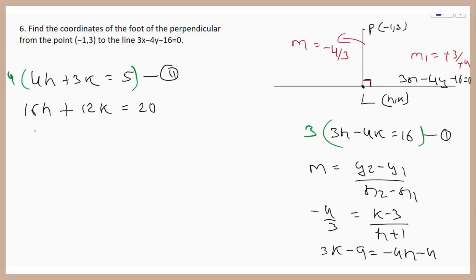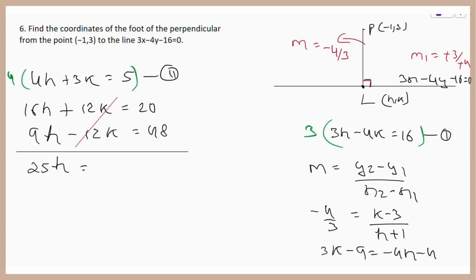And for this, it is 9 times h minus 12 times k, and 3 into 16 is 48. Now adding these two equations, negative 12k and positive 12k get cancelled. This will give you 25h and on the other side it is 68.